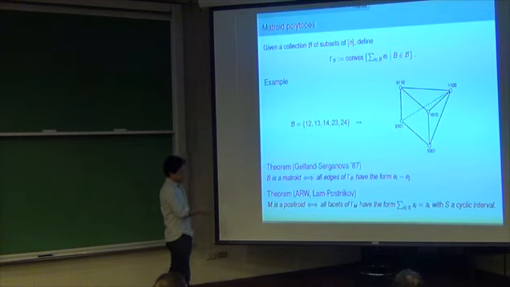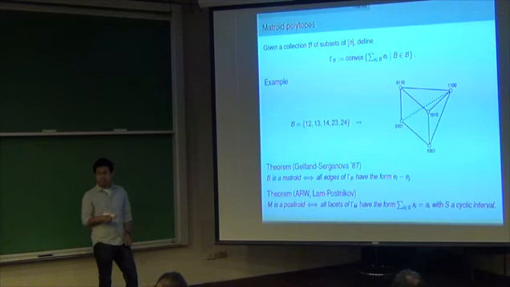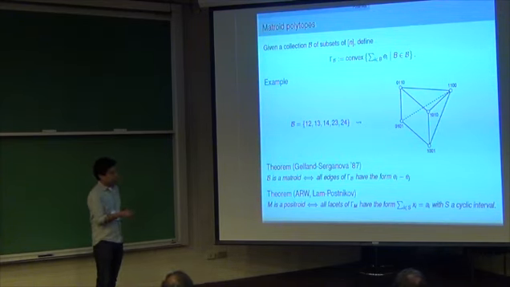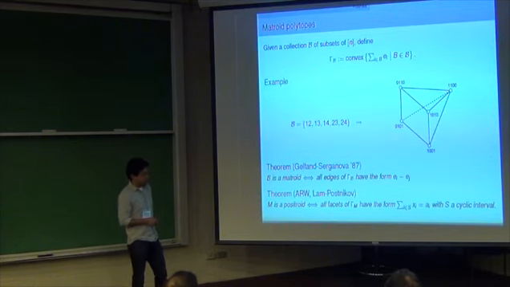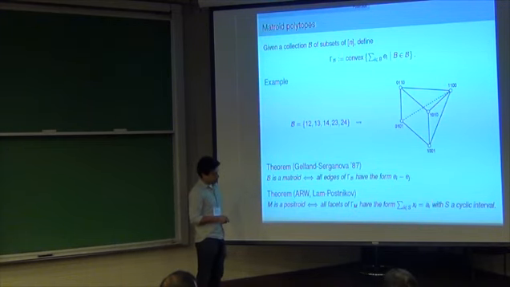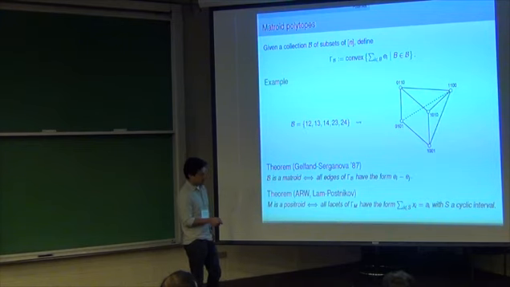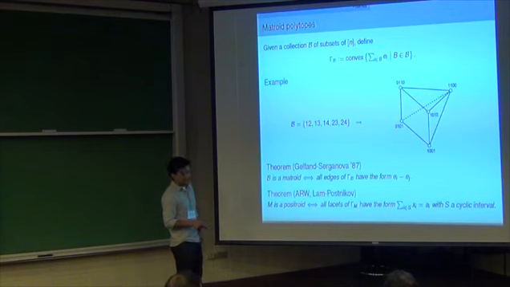What we found, and this also appears in work of Lam and Postnikov, is that you can characterize positroids very nicely if you look at their matroid polytopes. So among matroids, you can tell if your matroid is a positroid or not by looking at the facets of the polytope. If all the facets are intersections of the polytope with hyperplanes that look like this, some sum of coordinates equal to some integer, but the crucial condition is that those coordinates that you're summing over have to form a cyclic interval.